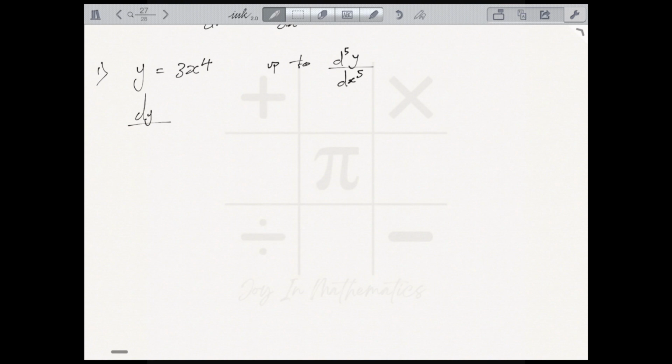Now the first thing we do is evaluate dy/dx. After we evaluate dy/dx, we evaluate d squared y over dx squared, d cubed y over dx cubed, thereafter d to the power 4 y over dx to the power 4, and finally d to the power 5 y over dx to the power 5.